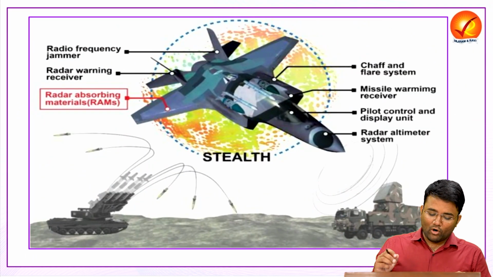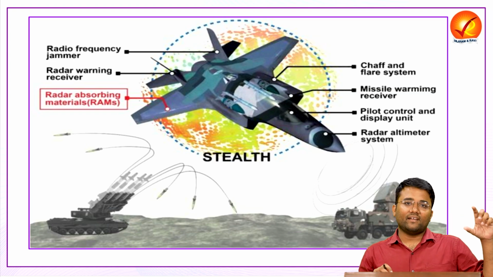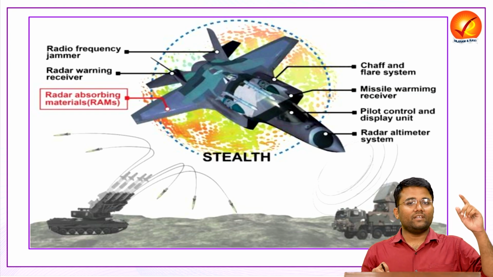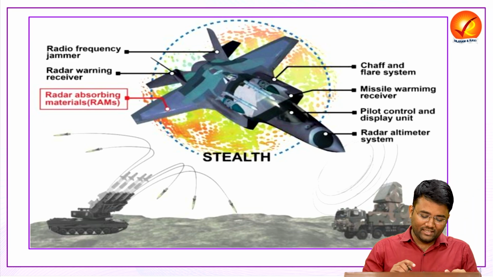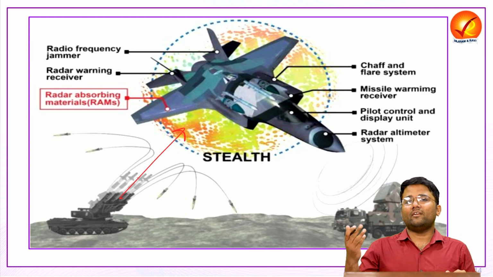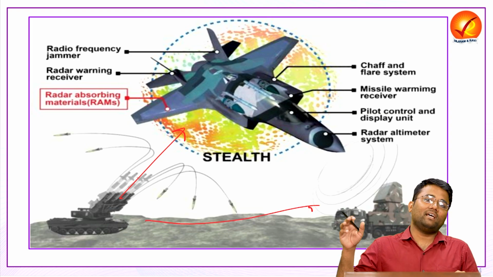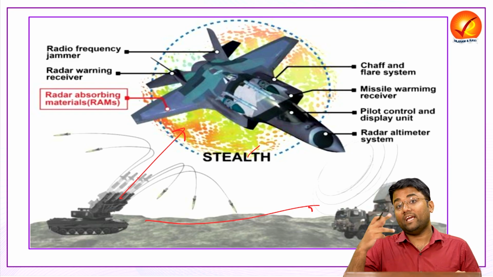So actually what happens is that whenever any aircraft is airborne, there are various radar systems that are available on ground, and they actually try to look into the location and speed of those aircraft so that they can fire some surface to air missile, or they can give information to various other aircraft of our own that are airborne, that okay, this is the aircraft, this is the speed and all those things of the enemy aircraft.